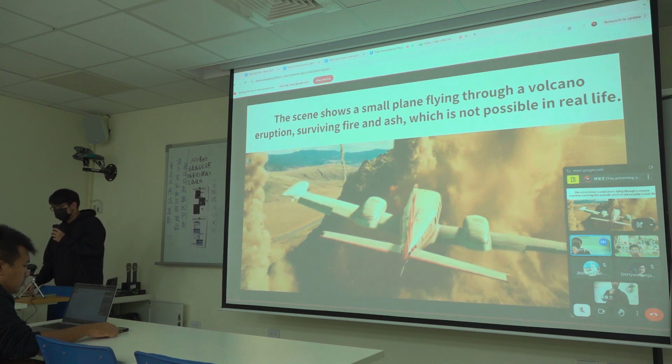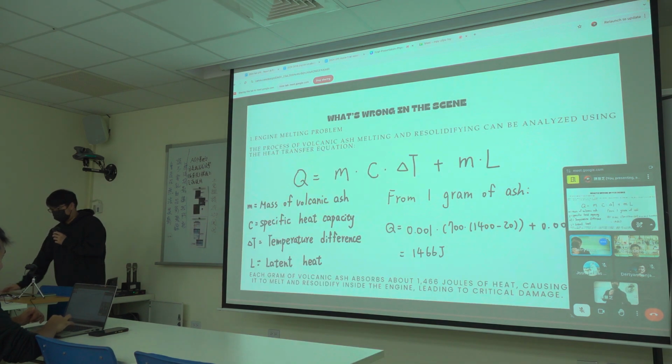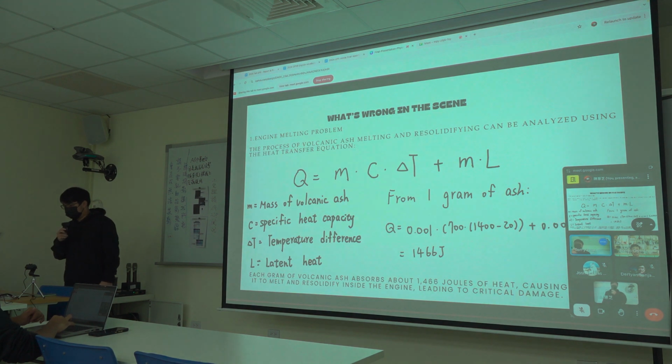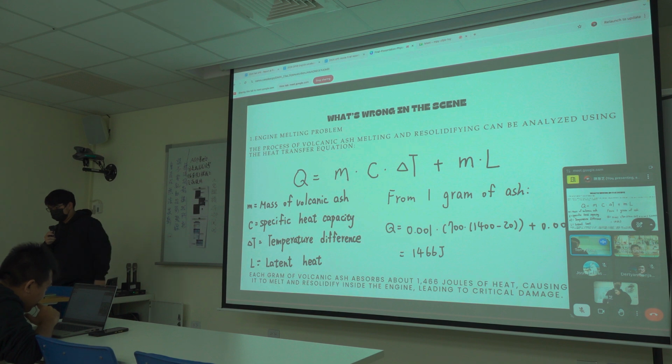There's a scene that shows a small plane flying through a volcano eruption, separating from the fire and ash, which is not possible in real life. What's wrong in the scene is that the engine would melt and resolidify inside the engine because the heat is too high, and that's a calculation.